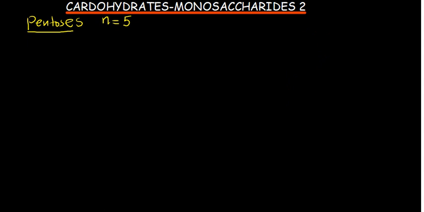Okay, so when you're talking about pentoses, we need to know some examples because they are also monosaccharides. It means they're also direct sources of energy. Now, examples of pentoses. The first one is ribose.